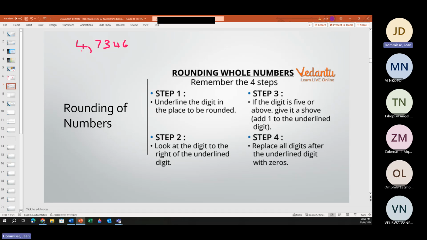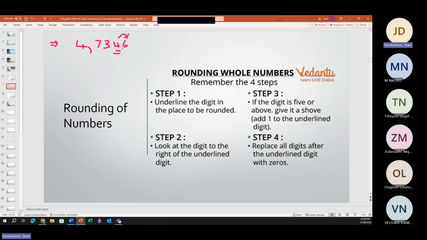Okay, so if this number we needed to round off to 3 decimals, we will underline nearly the digit that we need to round off to, and then we will look at the number to the right of it.